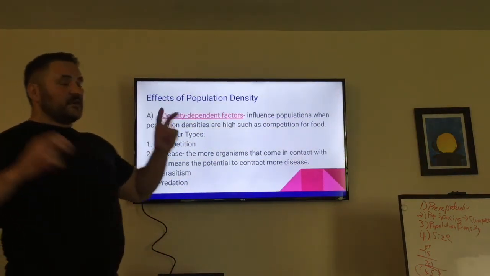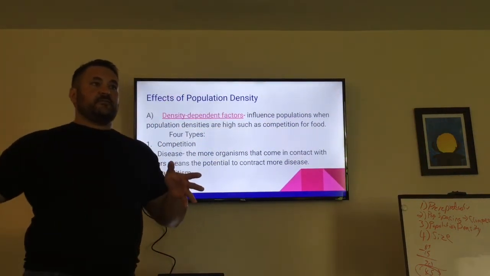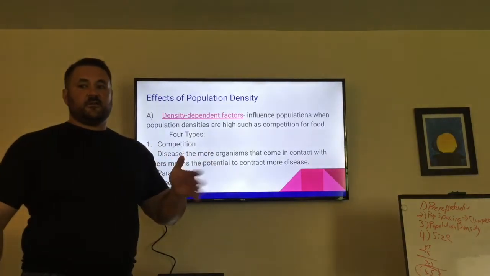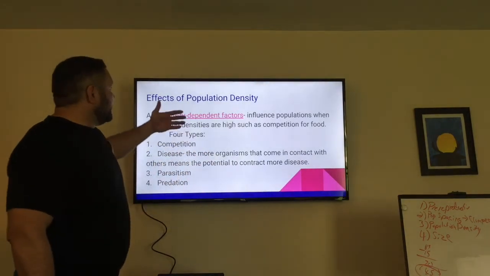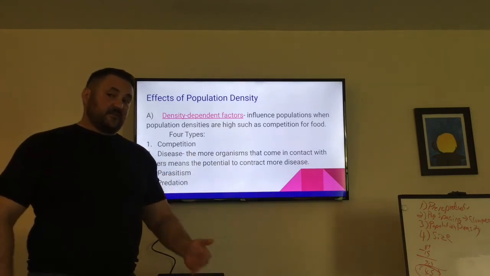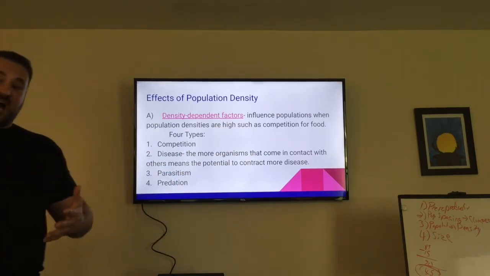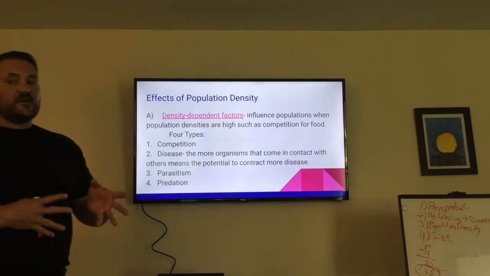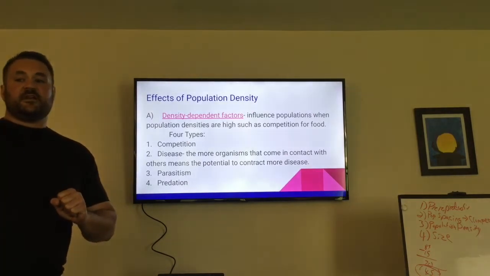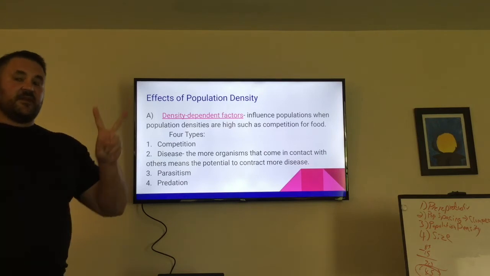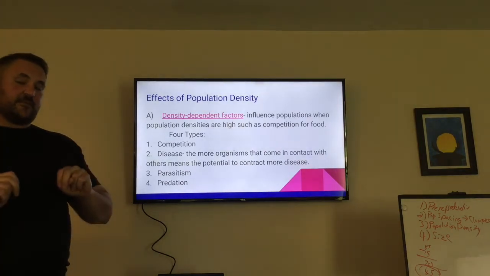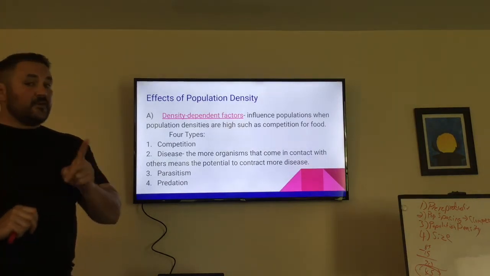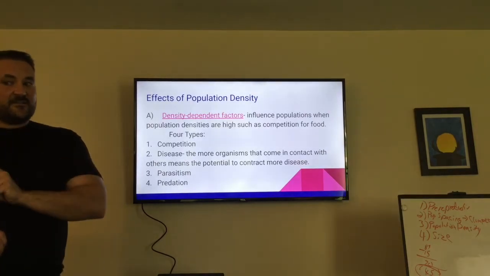There are two types of limiting factors. The first limiting factor that we're going to talk about is a density-dependent limiting factor. As organisms' density gets high, these factors are more common. This is very important in the time that we're learning about COVID-19. The higher the population density of humans in an area, the more prevalent the coronavirus has been.